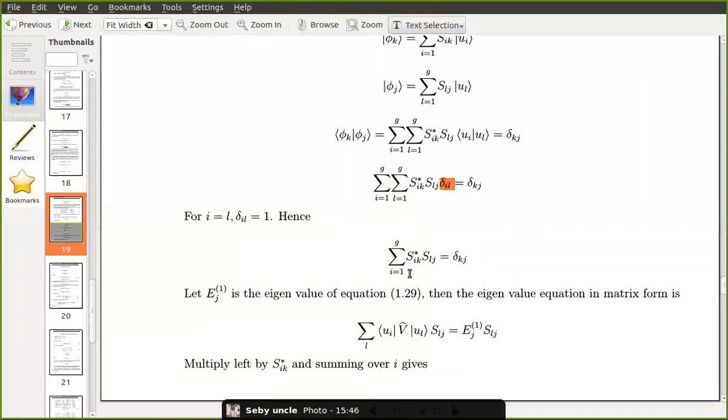So you can write the sum over i equal to 1 to g of sik star. Now there is no need of two summations because i equals l. So you put l equal to i, that means the same summation, so we can use only one index. The sum over i equal to 1 to g of sik star sij equals delta kj.